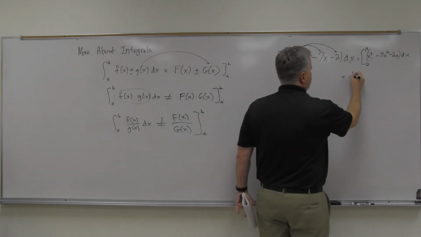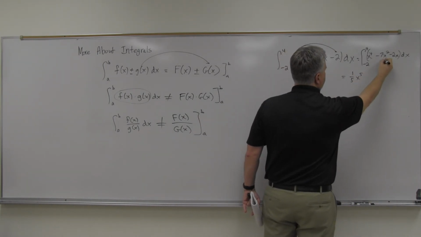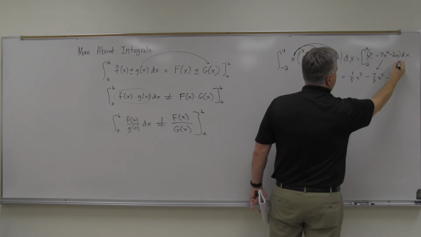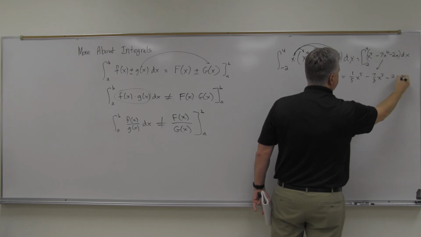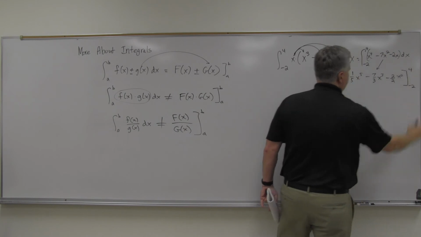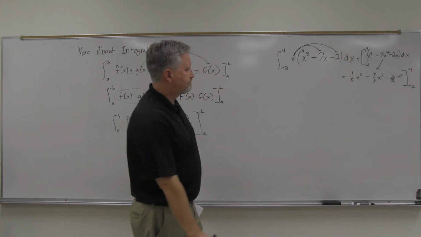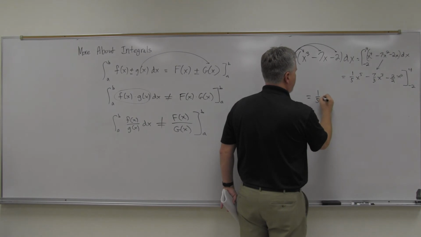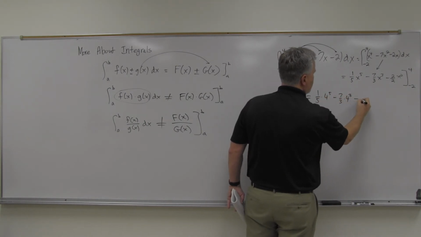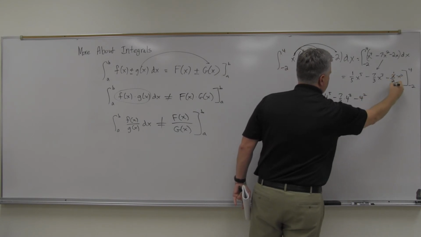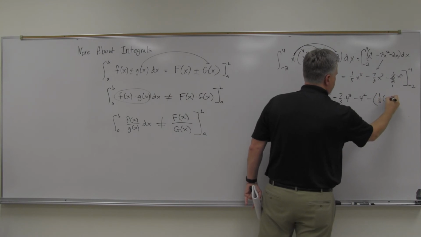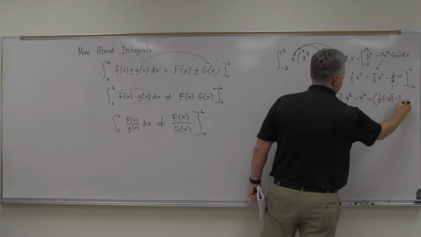All we have is the subtraction, and subtraction we can do all day long. It's 1/5 x to the 5th minus 7/3 x cubed, and minus x squared, so it'd be 2 divided by 2. Then we got it. Let's see, that'd be 1/5 times 4 to the 5th minus 7/3 times 4 cubed minus 4 squared, because that'll just be 1's there, and then minus plugging in the 2.